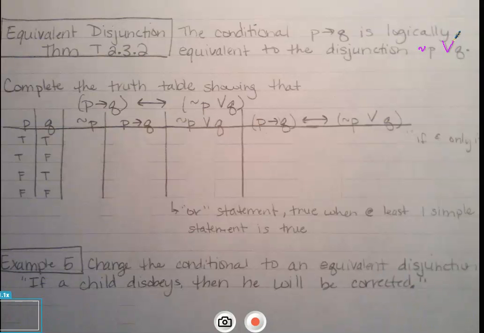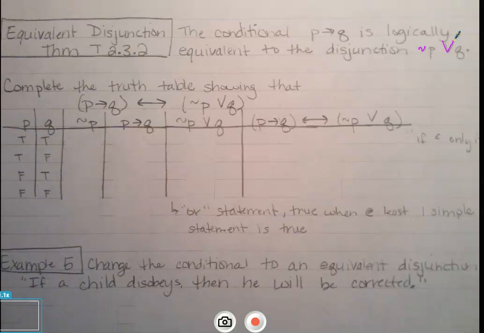It was in the book. You are right. It is the or and it is the disjunction. Yay. We won't make you go back. Oh, okay, good. I don't want you to take up too much time.